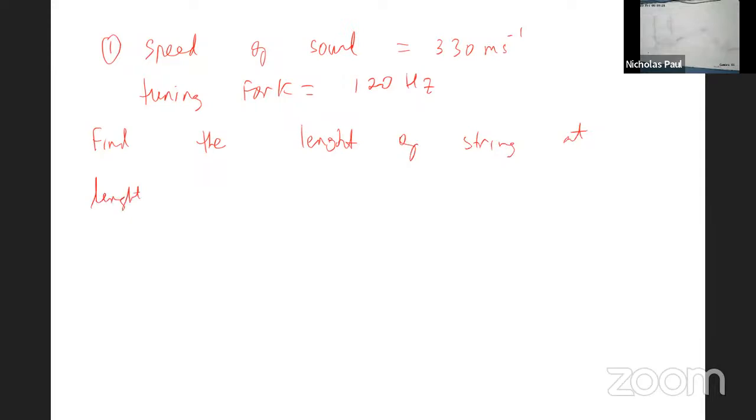Find the length of the string. Sorry, I wrote that badly. Find the length of the string at your first harmonic.